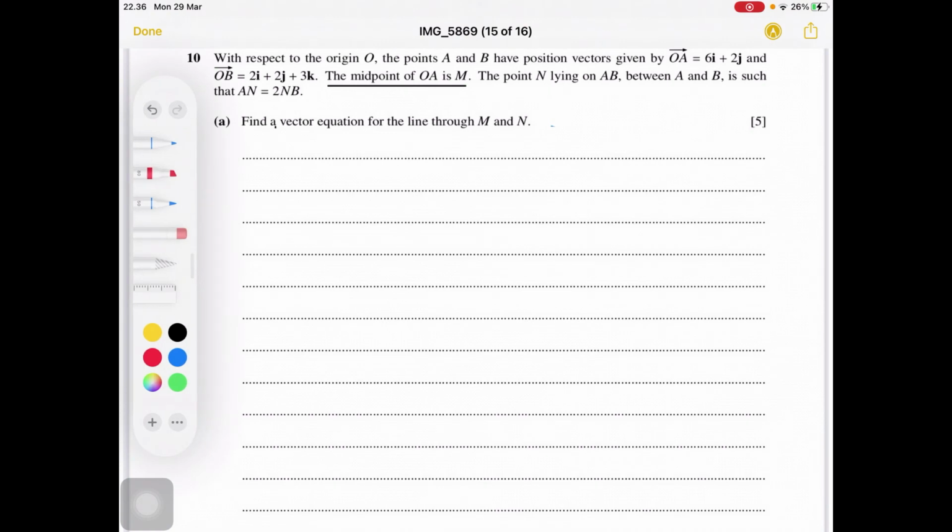In order to find the vector equation of a line through M and N, we need to find the position vector of M and of N. First, the question says that the midpoint of OA is M. It means that OM is equal to half OA.